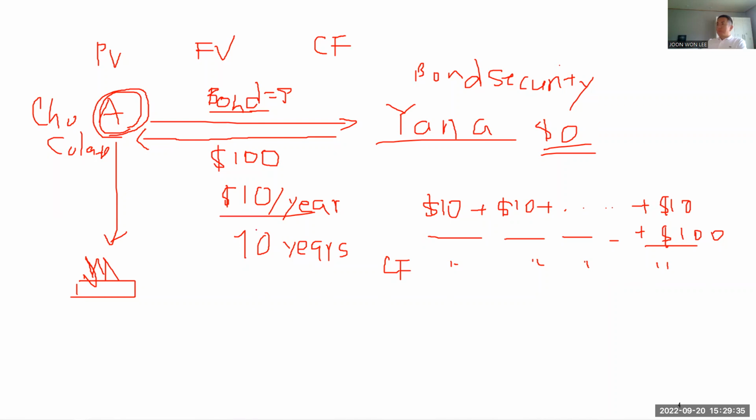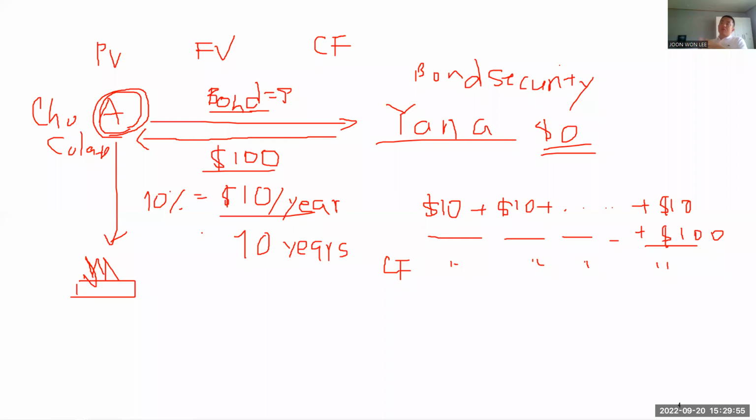So this $10 per year on her $100 lending basically means a 10% interest rate, right?